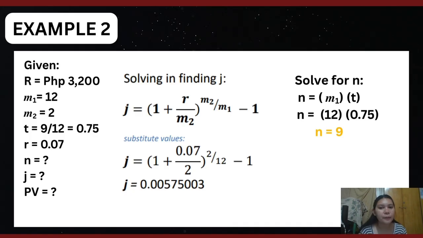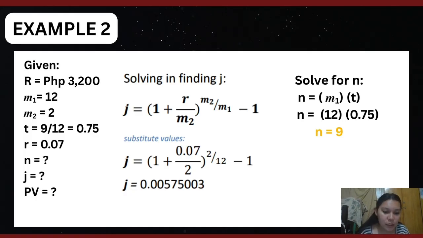So 1 plus 0.07 over 2 raised to 2 over 12 minus 1. So again, we just simply input it into our calculator. Then we get the value of 0.00575003. So that is the value for our interest rate.